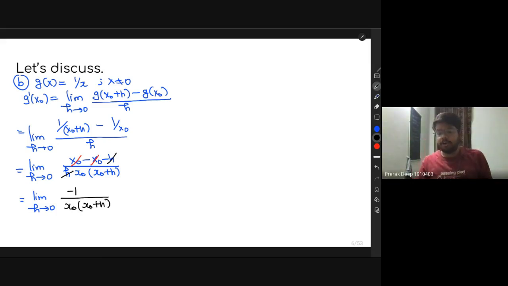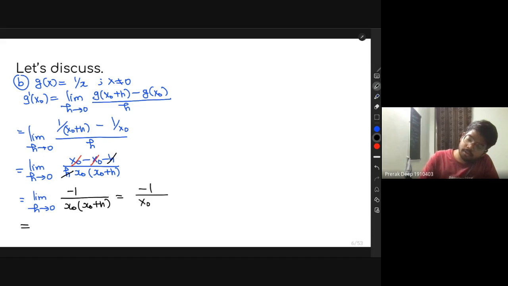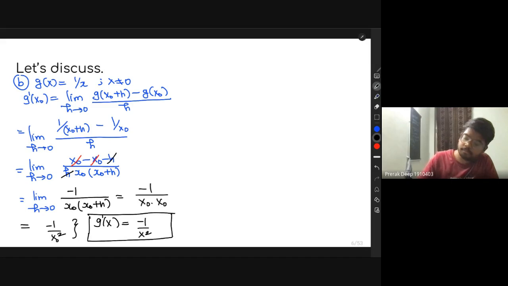Now the function in the denominator makes sense, the limit of this function exists as h tends to 0. So this limit is going to be minus 1 over x naught times x naught, which is minus 1 over x naught square. In particular, since x naught was chosen arbitrarily, I can say that g prime of x is minus 1 over x square.